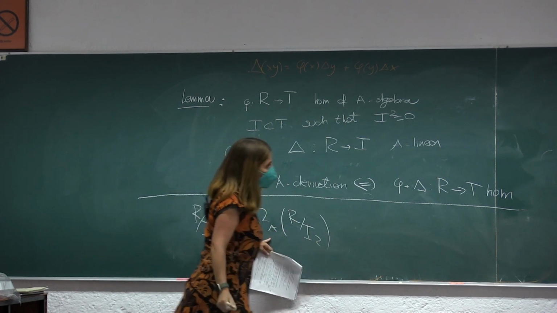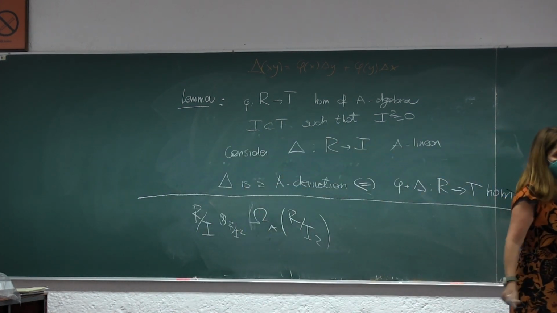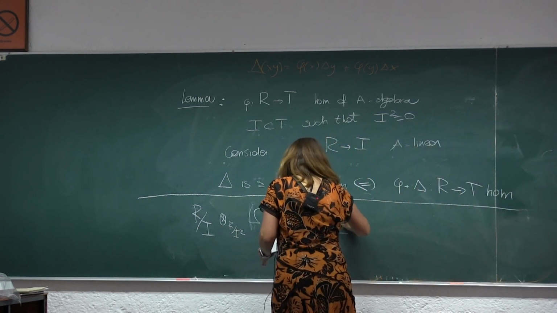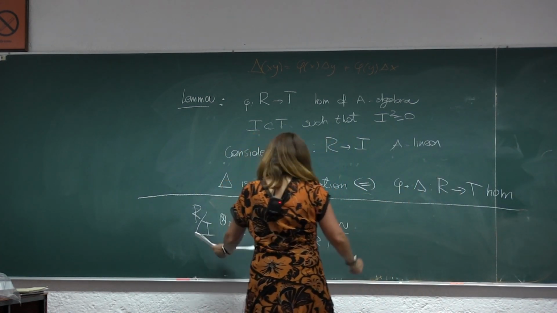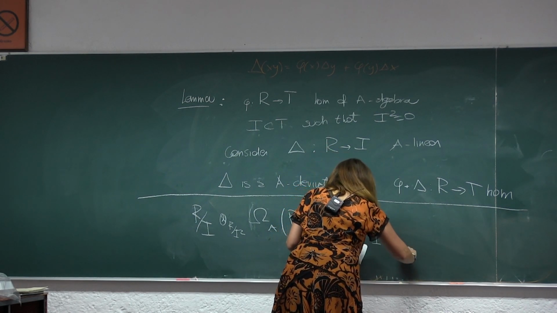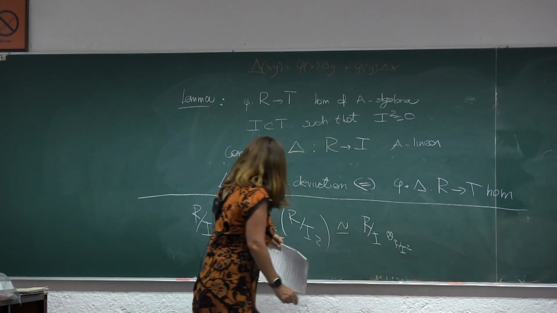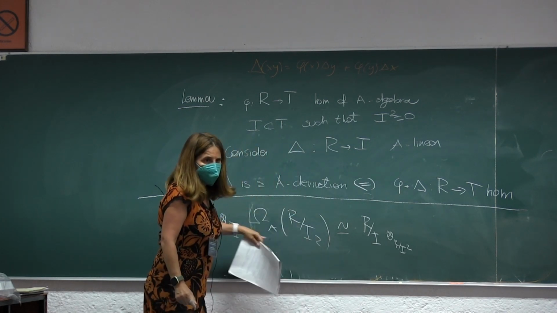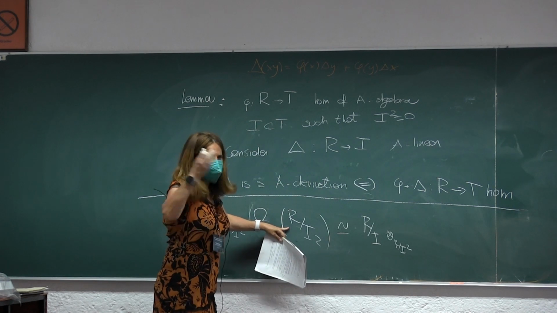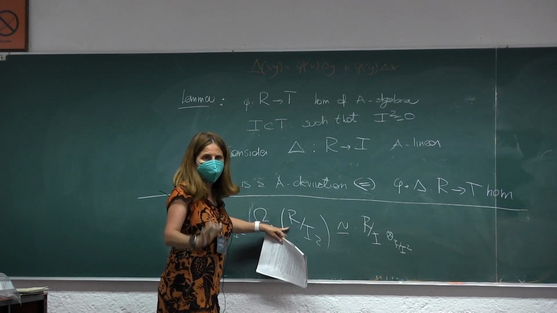If I prove that this guy is the same as this, I'm done, because then I can assume I square is 0. And this is isomorphic to what? This is still R over I, no problem, tensor over R over I square. And now use how you compute this. R over I square is a quotient of R, so use the usual thing that tells me how to compute the module of differentials.